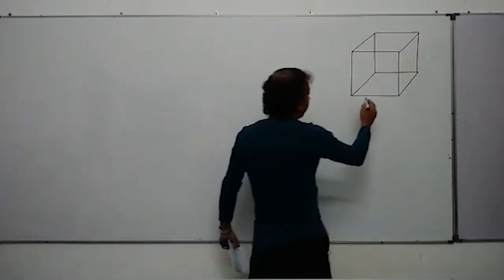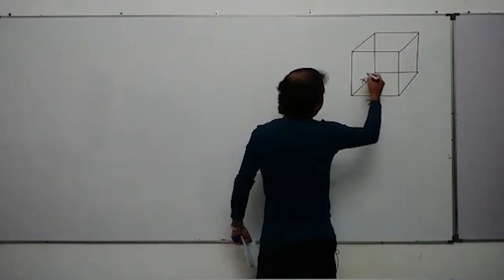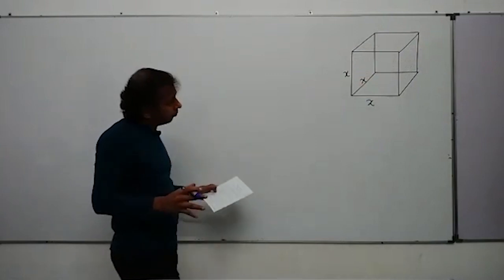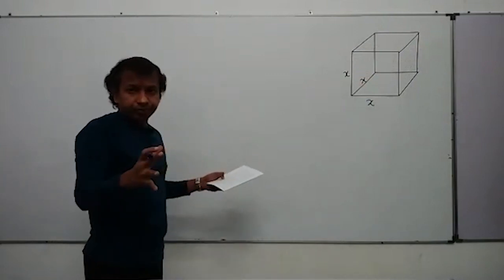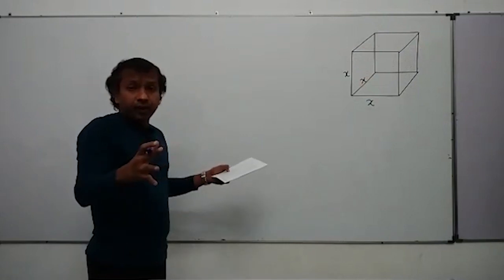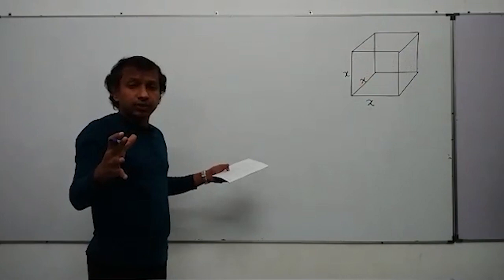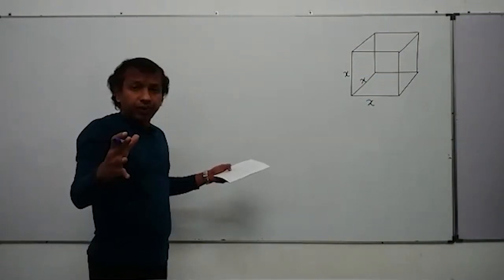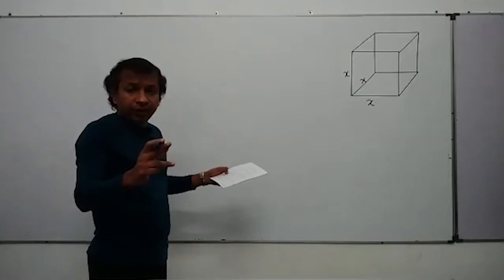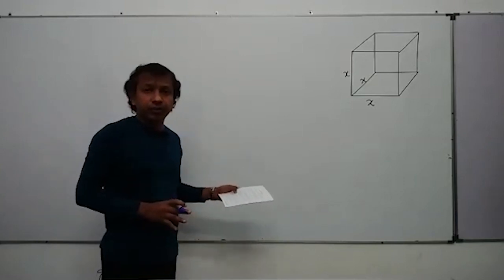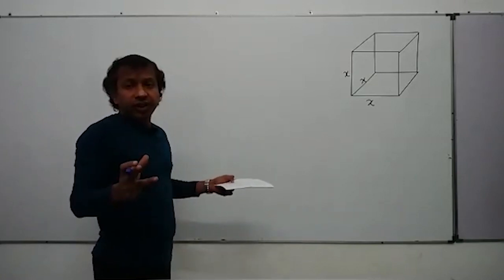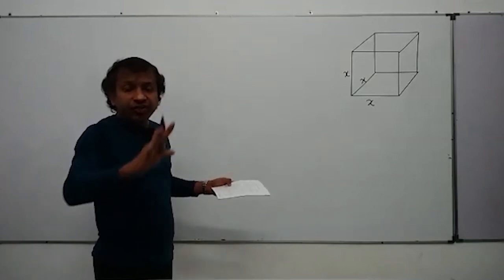I'll take this as x, this also x, this also x. Now this cube is expanding. Once it expands, the volume is increasing. Once the volume increases, the length, breadth, and height must increase. Once these three increase, the surface area increases.